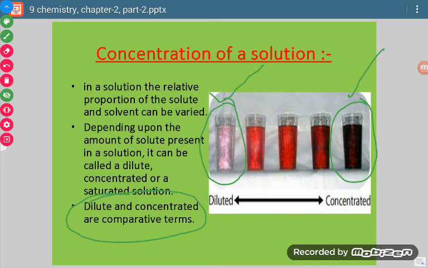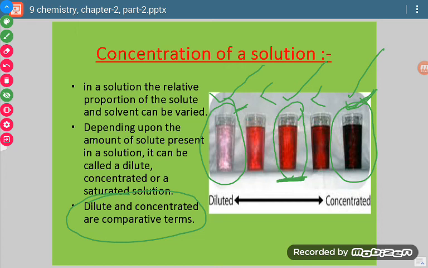Now see, let us take this example. If I take this particular solution, then I will say this is more concentrated than this. And this is less concentrated than this. So at the same time, this is more concentrated also and less concentrated also.